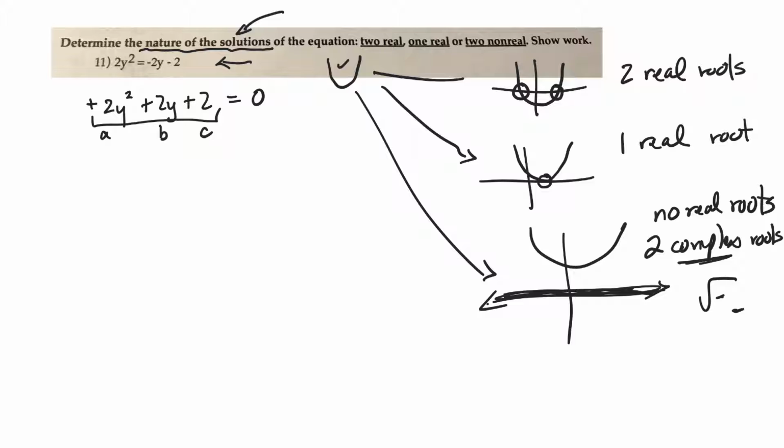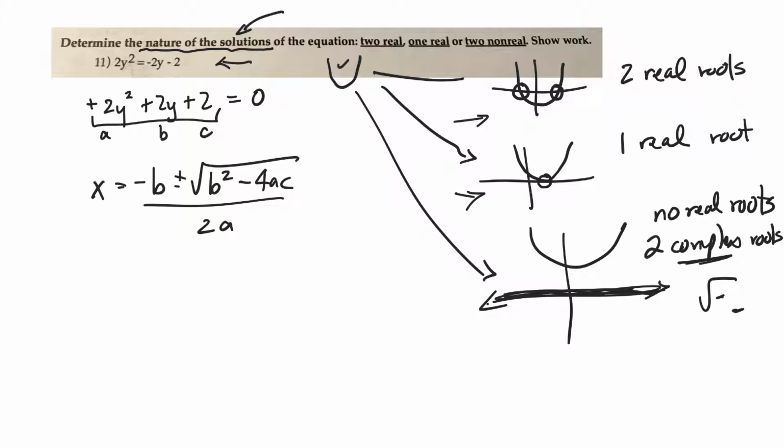So to determine which of those three it is, you could use the whole quadratic formula, but really to determine which of these three answers you have, all you have to do is figure out what's inside that square root sign.